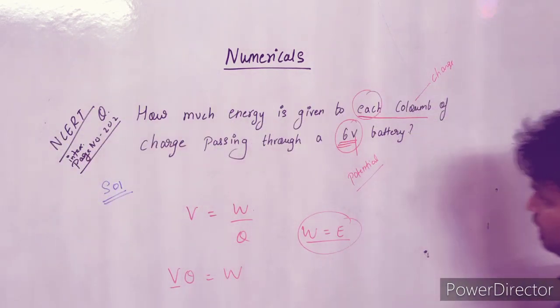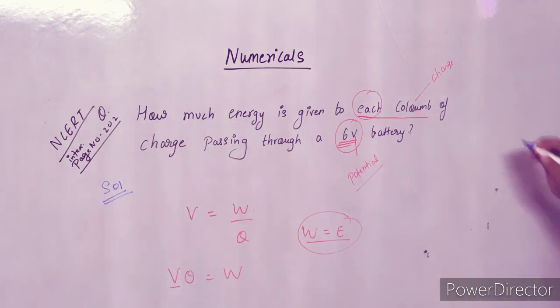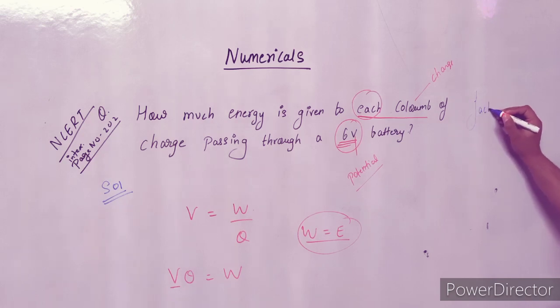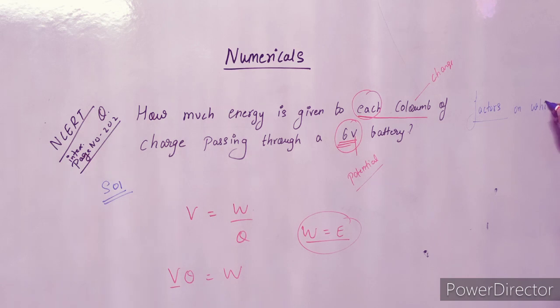Now we are talking about the factors on which V depends. According to the formula V equals W by Q, there are two factors.